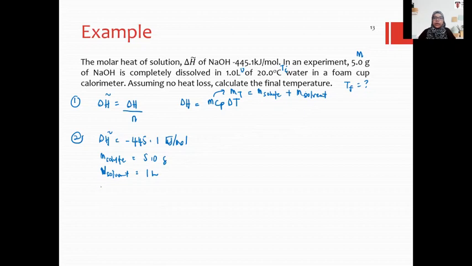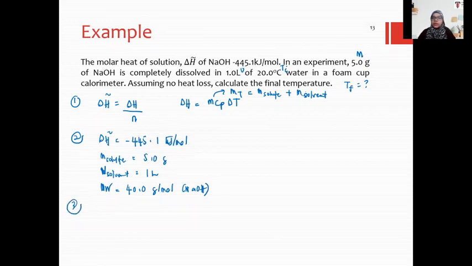And then we require a molecular weight, since we need to cancel the mole unit here. So we have 40 gram per mole. This is the molecular weight of sodium hydroxide. The third step is to solve this equation.